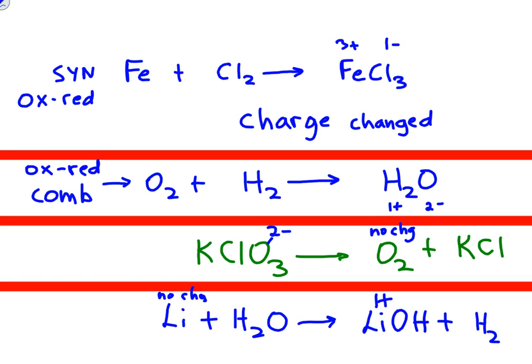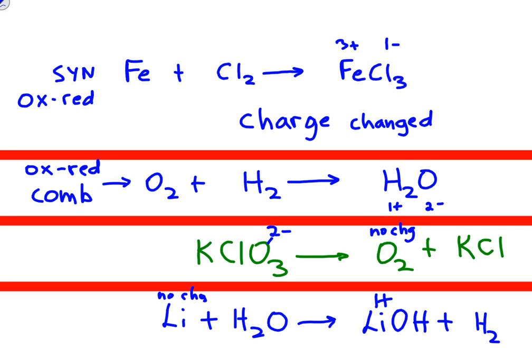So over here, on the left, oxygen has no charge. How about hydrogen? Hydrogen has 0. Now, when it's together with oxygen, what's happened? Hydrogen goes partially plus, oxygen goes partially negative. That makes oxidation reduction, a change in charge.